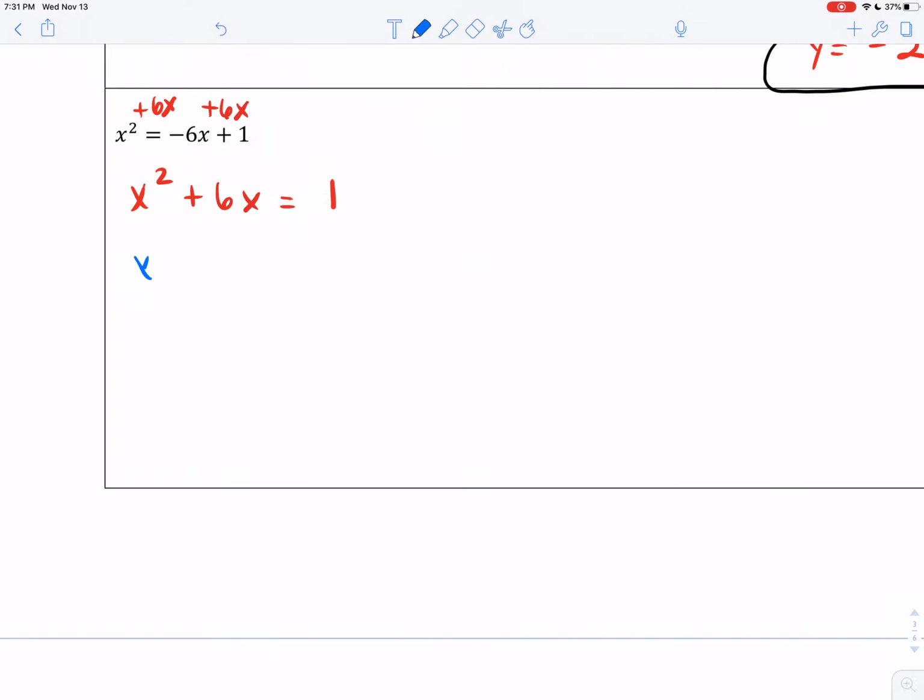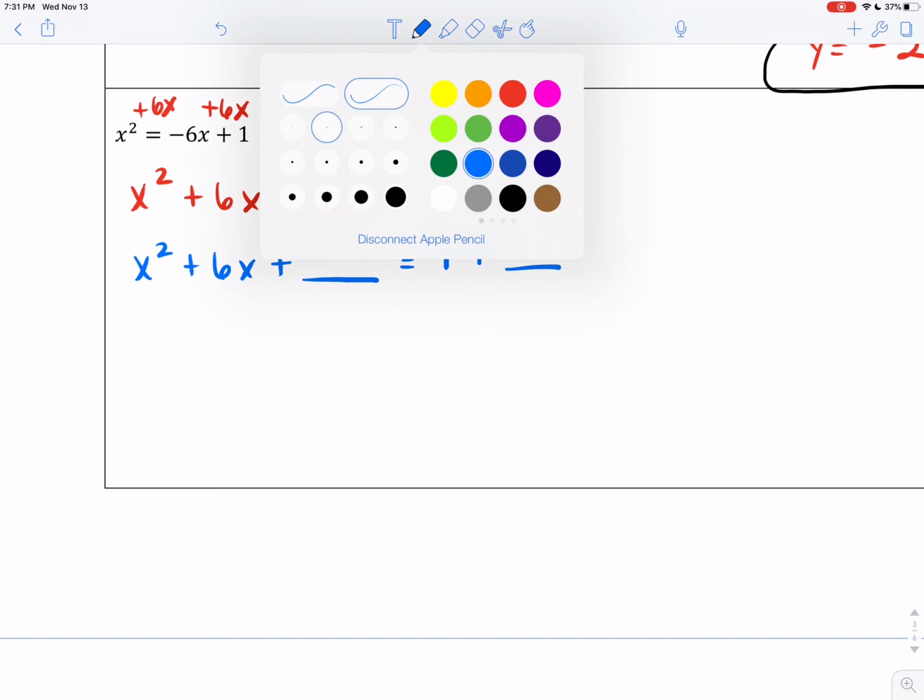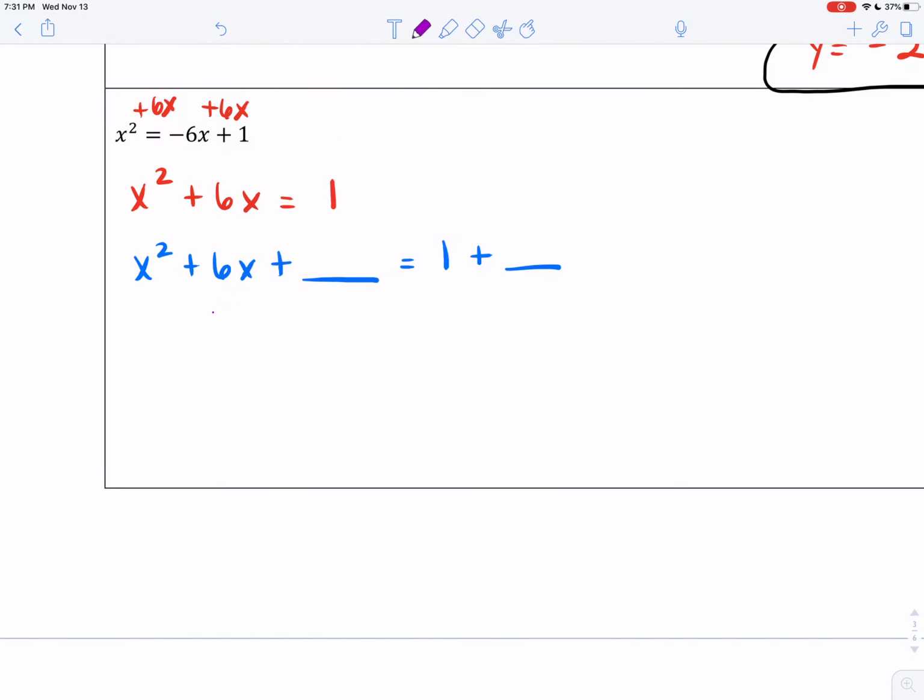So this is where I'm going to take each side and add something to it. I'm putting little blanks in there. Now what I need to add is going to be 1/2 of the b term squared. So in this case, my b term is positive 6.